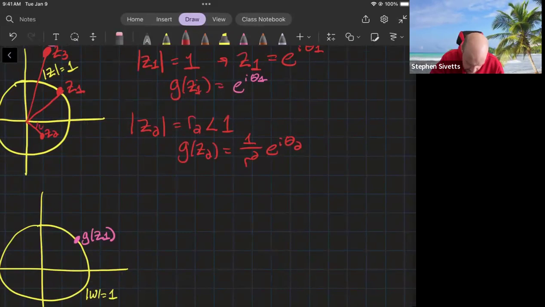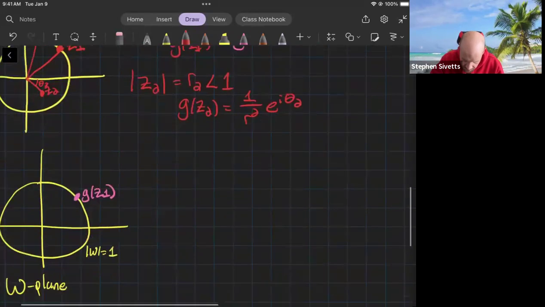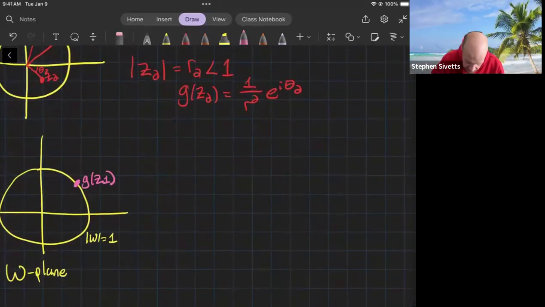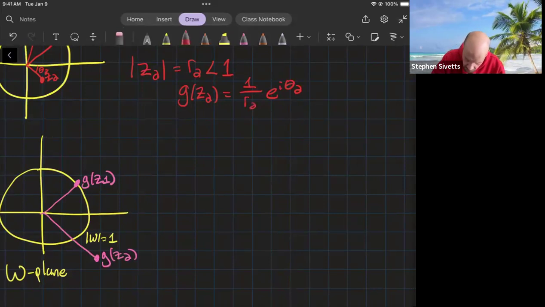So g of z2 will be a point that is outside of the unit circle. Since r2 is less than 1, 1 divided by r2 is going to be greater than 1.